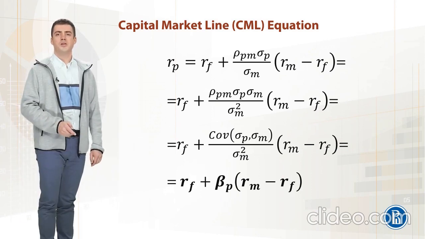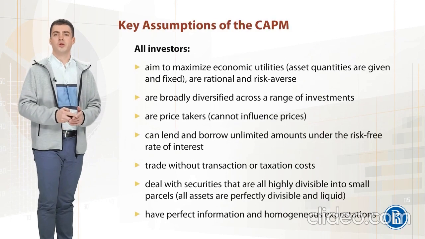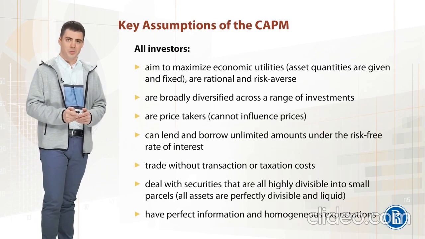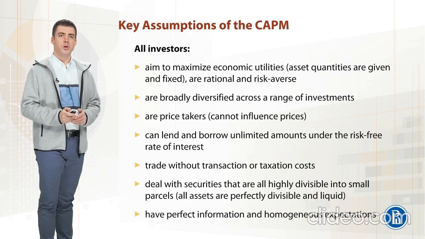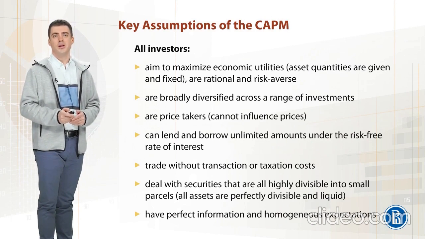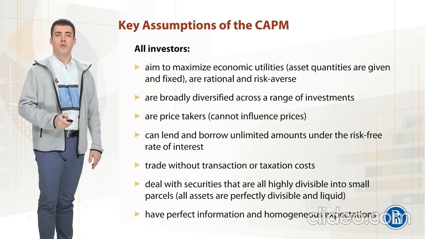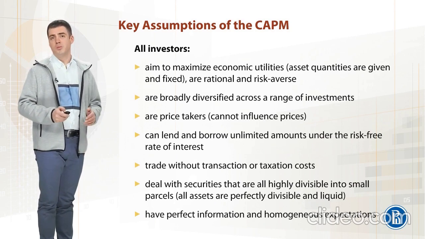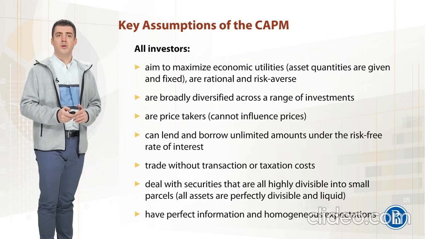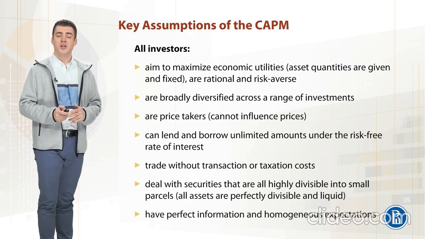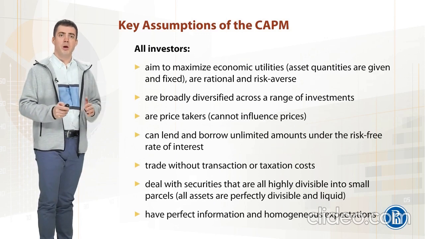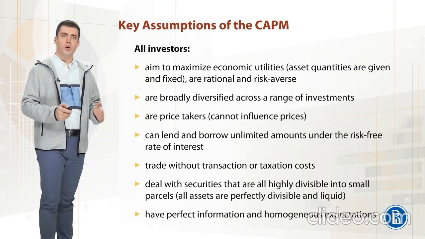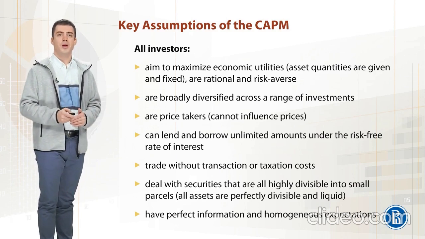Finally, let's remind ourselves of the key assumptions of the capital asset pricing model, which we'll use when defining the expected return of a security. The capital asset pricing model is based on the Markowitz model, which implies that all the assumptions behind the Markowitz model also hold for the CAPM.